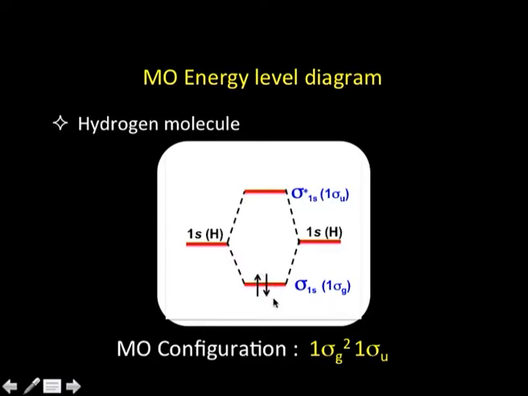As a result, we can write the molecular orbital configuration as (sigma g)^2 (sigma u)^0. Both the electrons are occupying the 1 sigma g orbital, or sigma 1s orbital, as we use this notation or that notation.